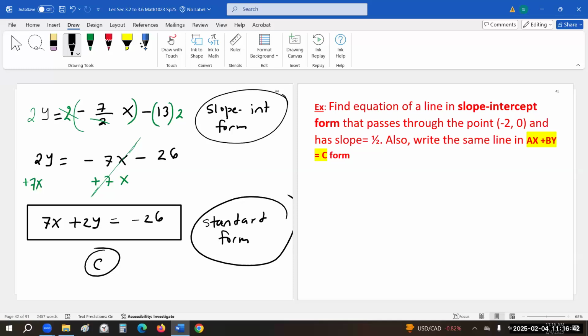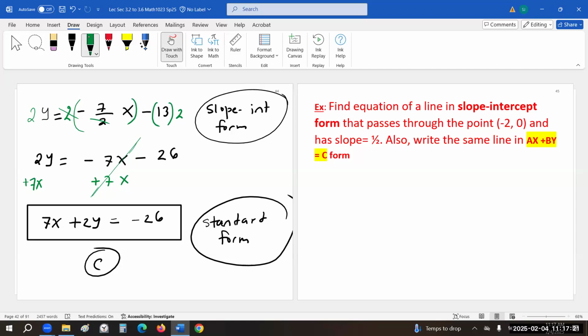Let's see, 24, 25. Ready? So what do you do first?